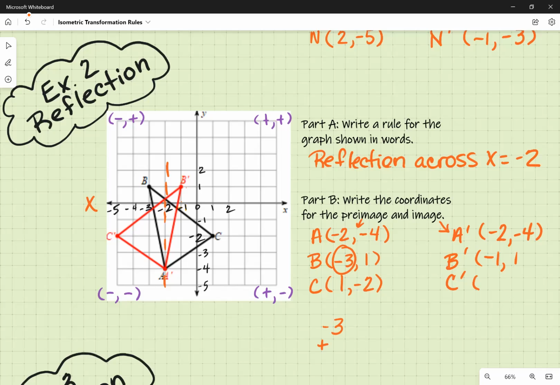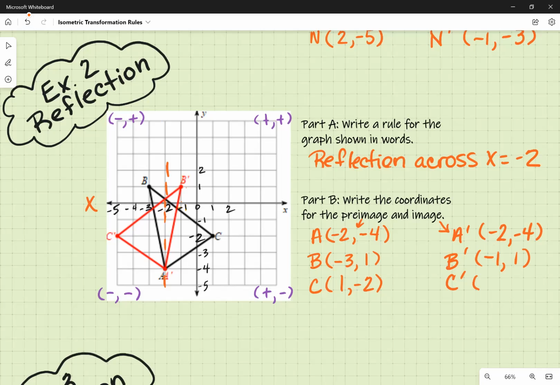So that means I'm adding 2. What's -3 plus 2? That's going to be my new X, which is -1. So that's where that came from. Again, multiple ways to check your work. You also want to look at what quadrant you're in and make sure those signs do line up. So it should be a negative X and a positive Y, which is what we have.